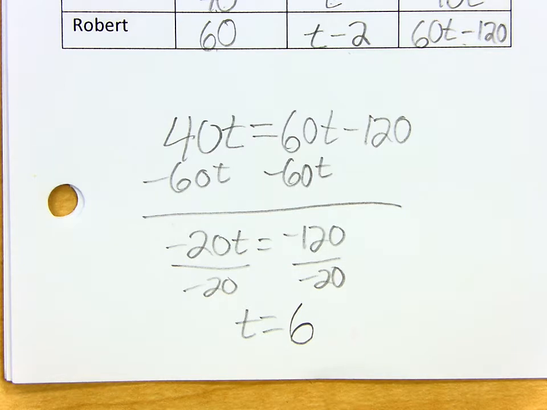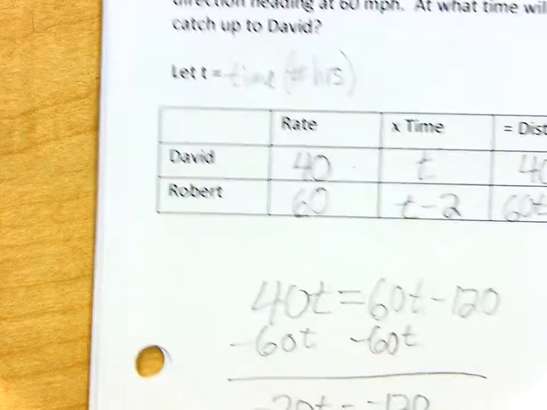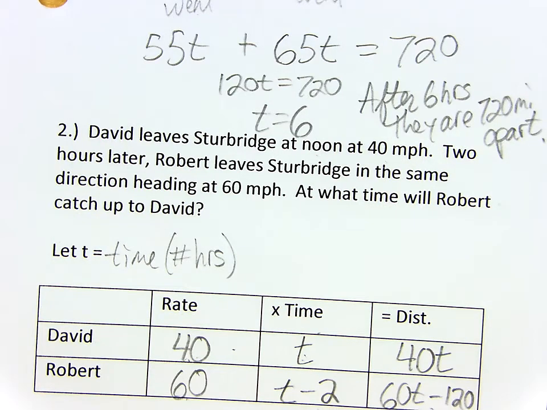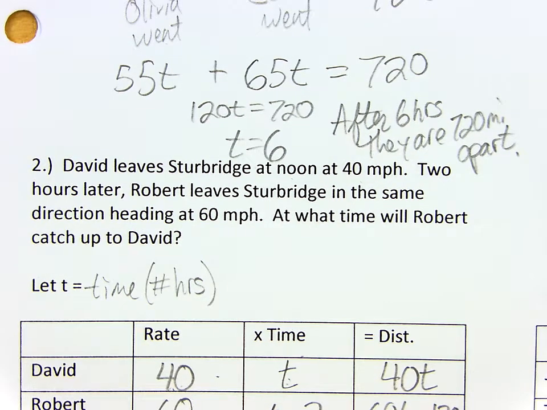What time of day did David leave? He left at noon. So in this case, it just so happens, I kind of wish that we had set it up differently. He's been traveling for 6 hours and he left at noon. So what time of day is it now? 6 p.m. It is 6 p.m.